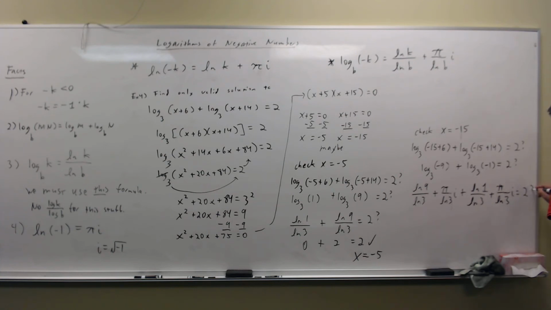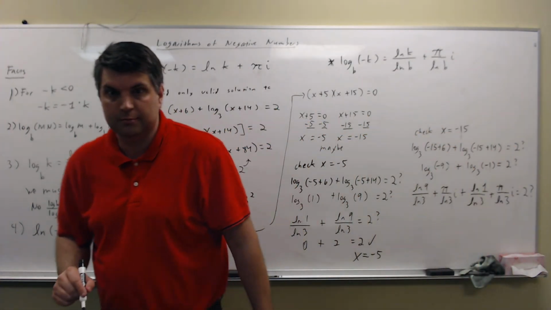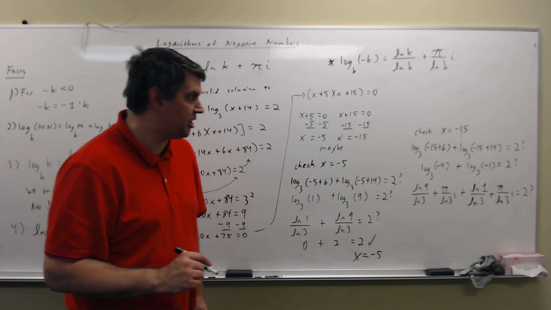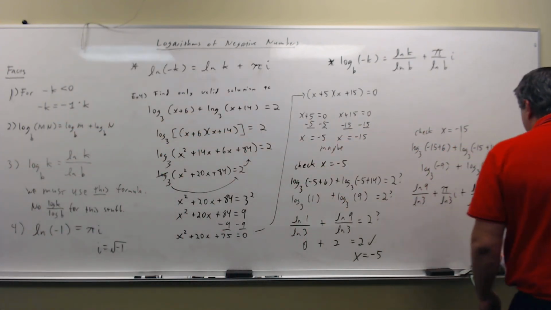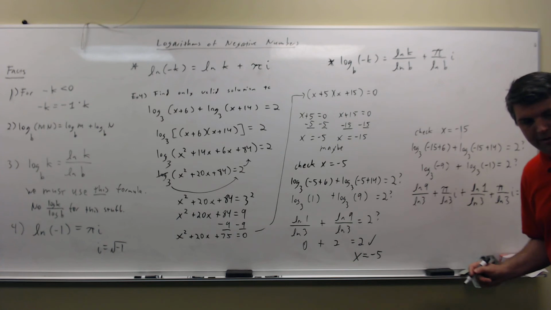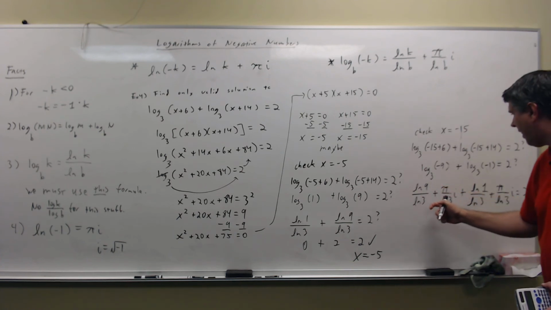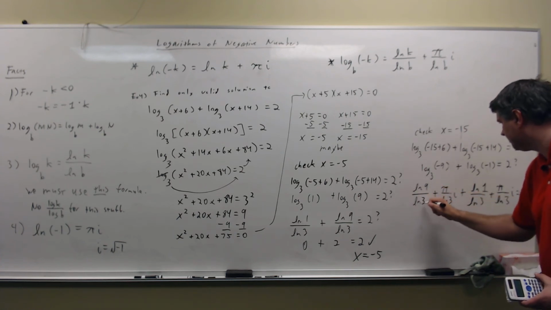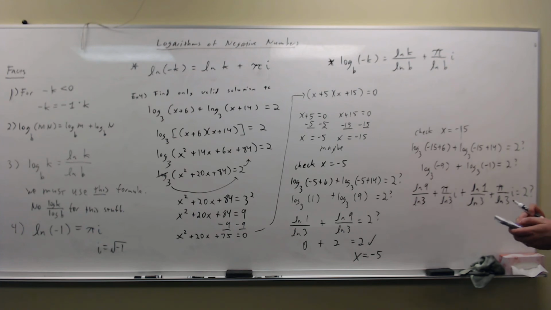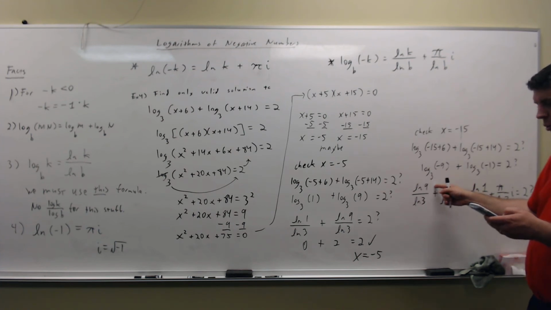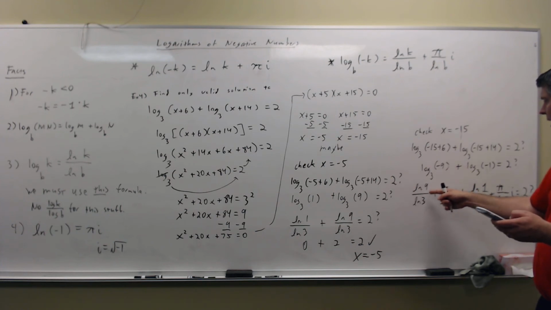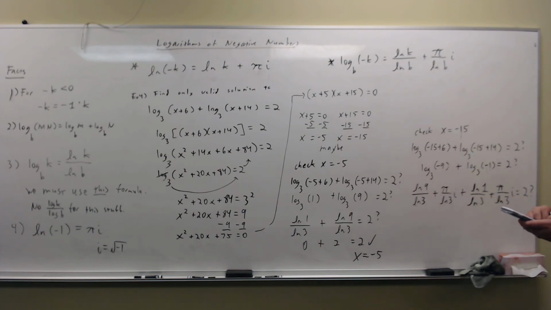I want to know if it equals 2. Well, it sure doesn't look like it, and I can tell you it doesn't. So here we go again. Natural log of positive 9, 2.1972, blah, blah, blah, divided by natural log of 3.